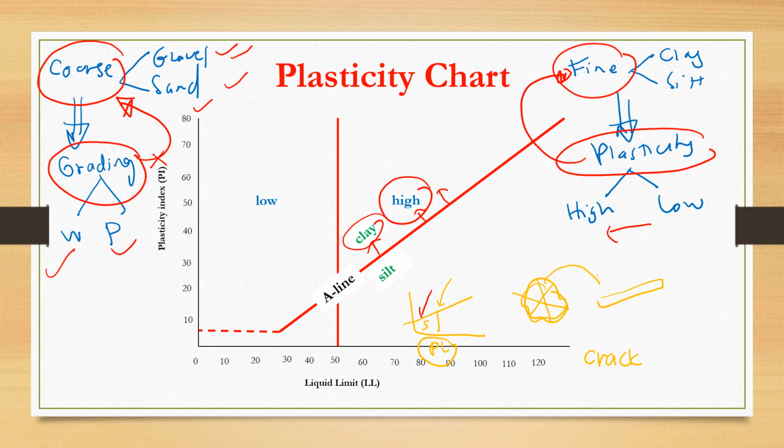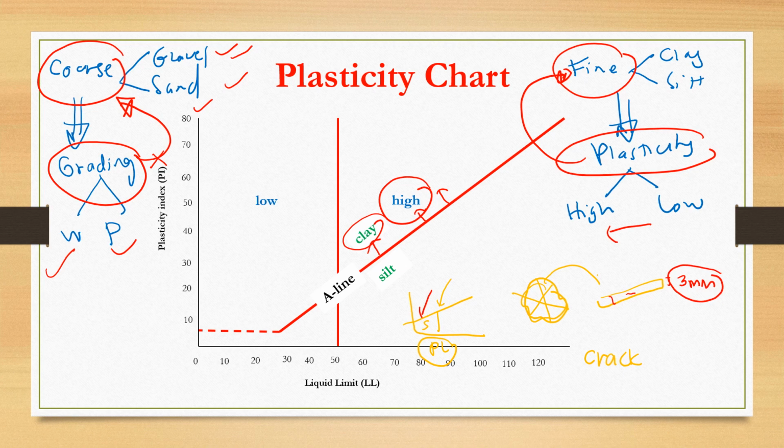We want to check whether cracks happen, at any direction, vertical or horizontal, exactly when this thread reaches 3 mm diameter. The cracks should first be observed at this size.